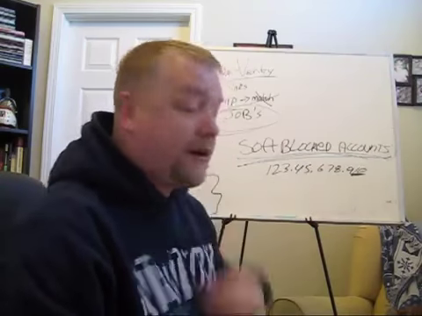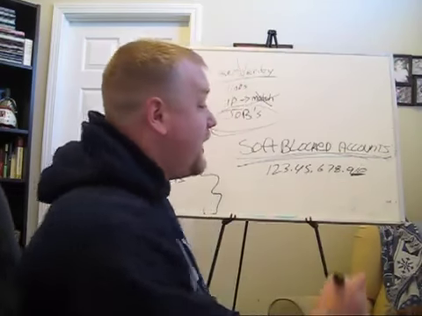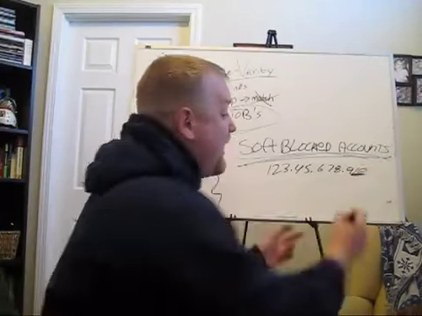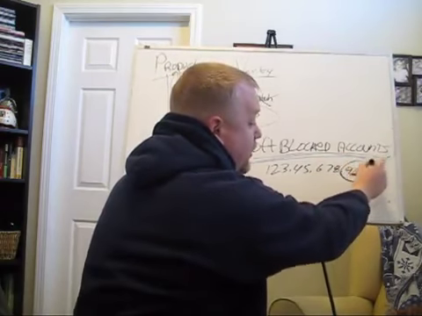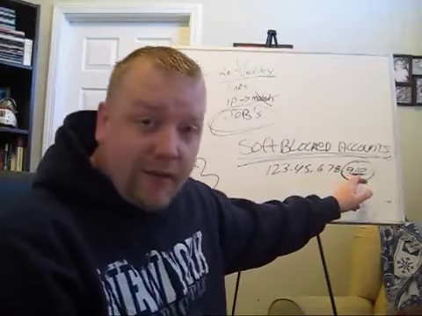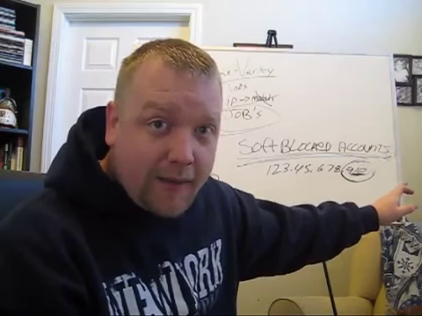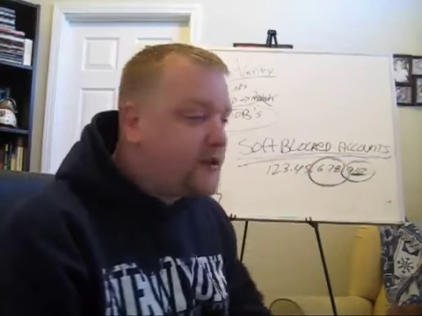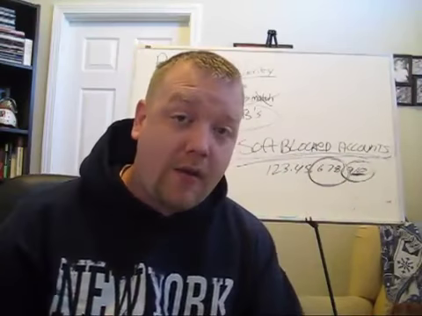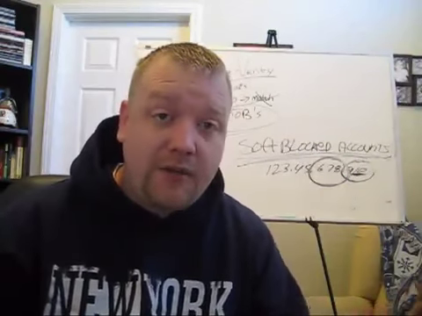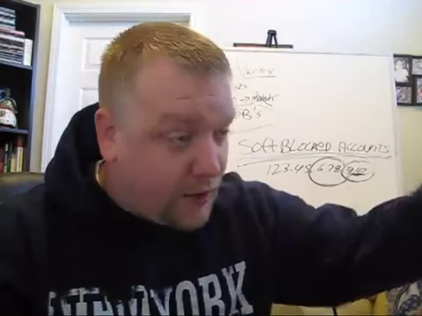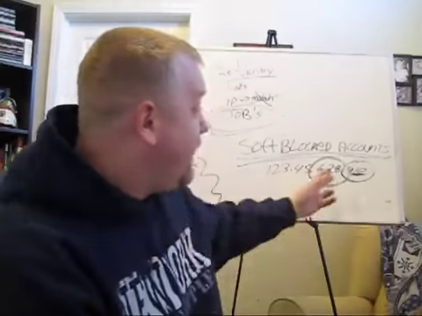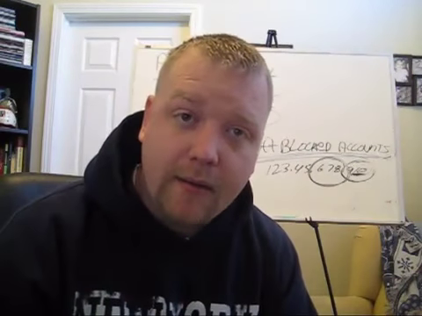Well, Craigslist realized people are just changing their IP address, and so they will block an entire group of IP addresses. So anything 000 through 999 is blocked. Sometimes they will actually block two different sets. So you could end up with soft blocked accounts because of nothing that you did, because of somebody else doing things Craigslist didn't want them to do, and they soft blocked your account as well.